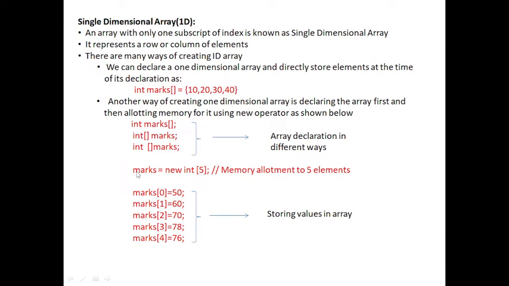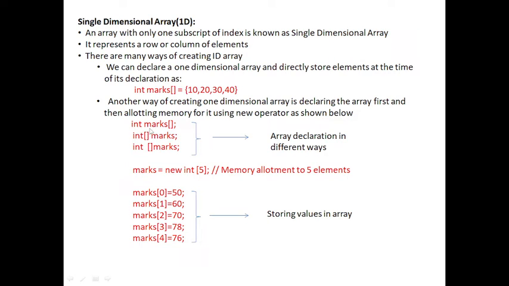In the other way of creating the array, first the declaration is done separately, memory allotment is done separately, and then storing values in the memory locations is done separately, not in a single statement. So if you observe here, to declare the array there are three methods. In the first, the subscript of index is written after the name of the array. This is the name of the array, marks, and the subscript of index is written after marks.